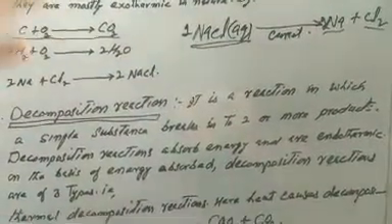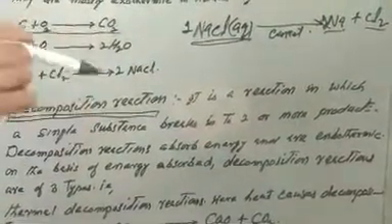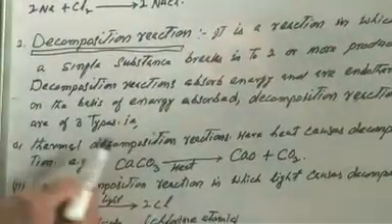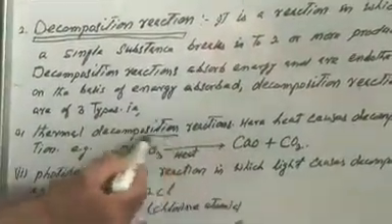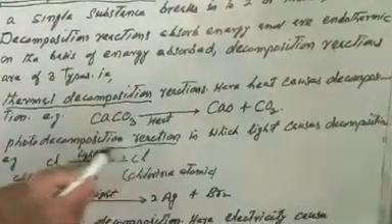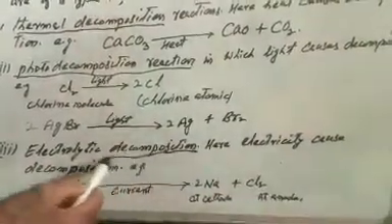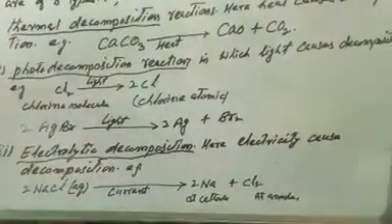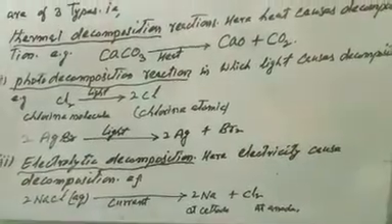On the basis of the energy used, decomposition reactions are of 3 types: thermal decomposition, photo decomposition, and electrolytic decomposition, or you can say electrolysis.